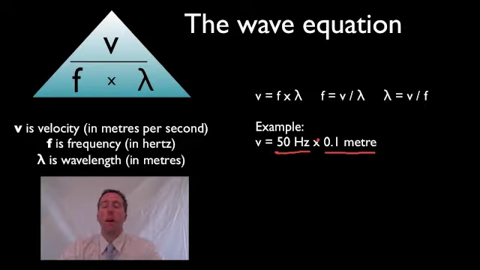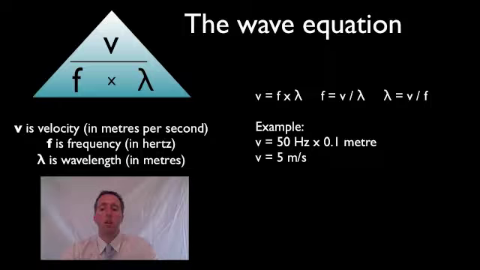So if it's going 50 times per second and the wavelength is 0.1 meter, then the velocity of that wave is 5 meters per second. So 50 times 0.1, the speed of this wave is 5 meters every second. That's really quite fast, I suppose.